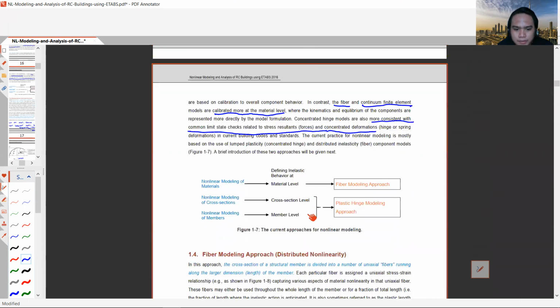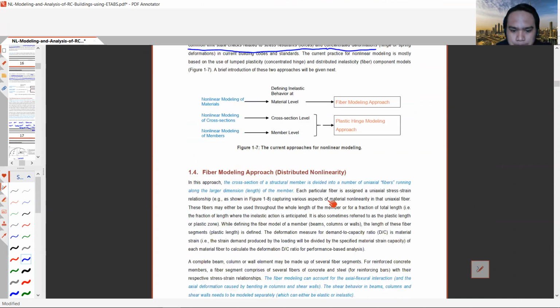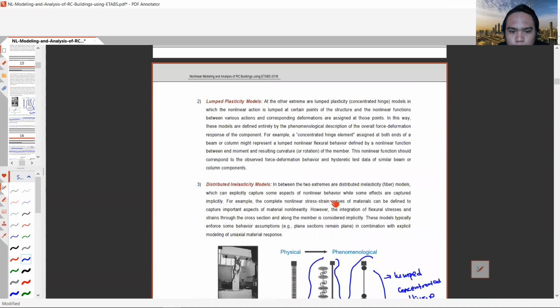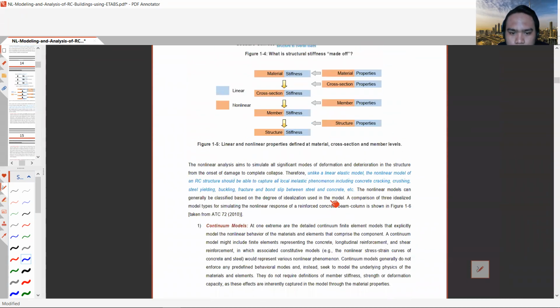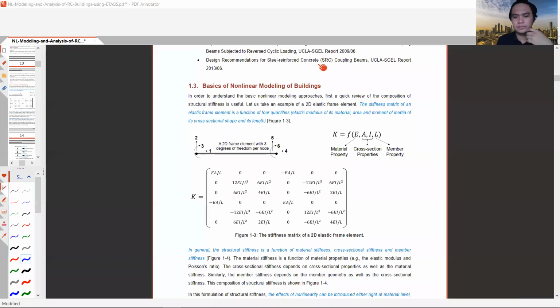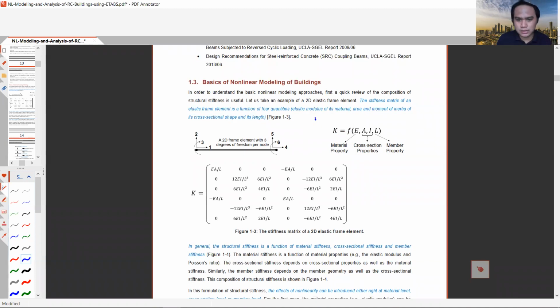Wait lang guys ha. Ayan, ayan. Cross-sectional level and member level. Hello, hello. Ayan, I see. Nakita ko na. Okay, so this one. Okay, this one.